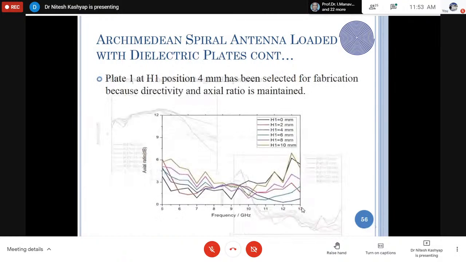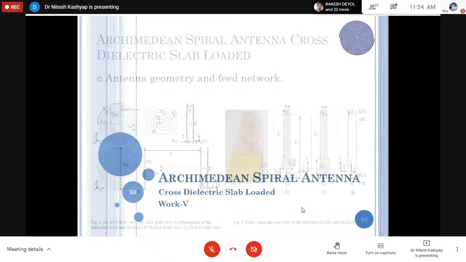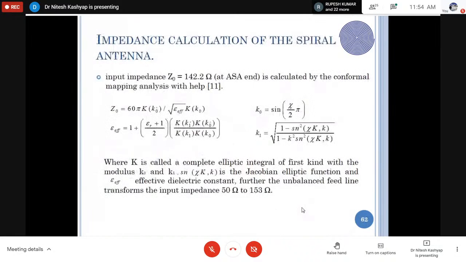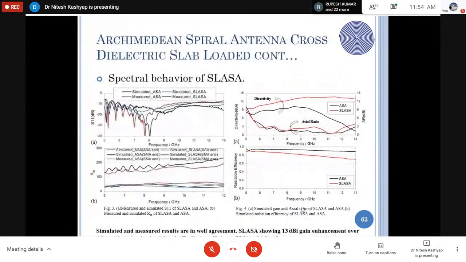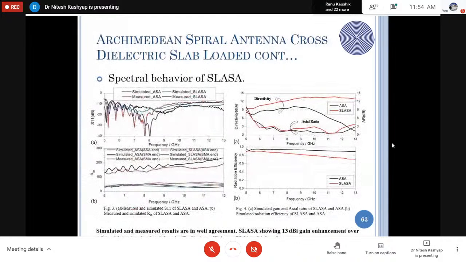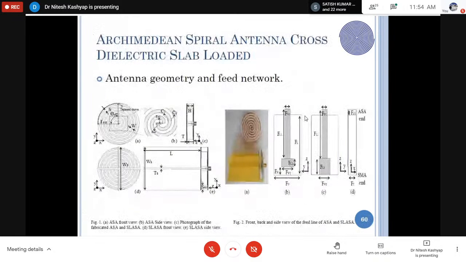This last work is where I have made this cross slab. I want to show you this structure first.